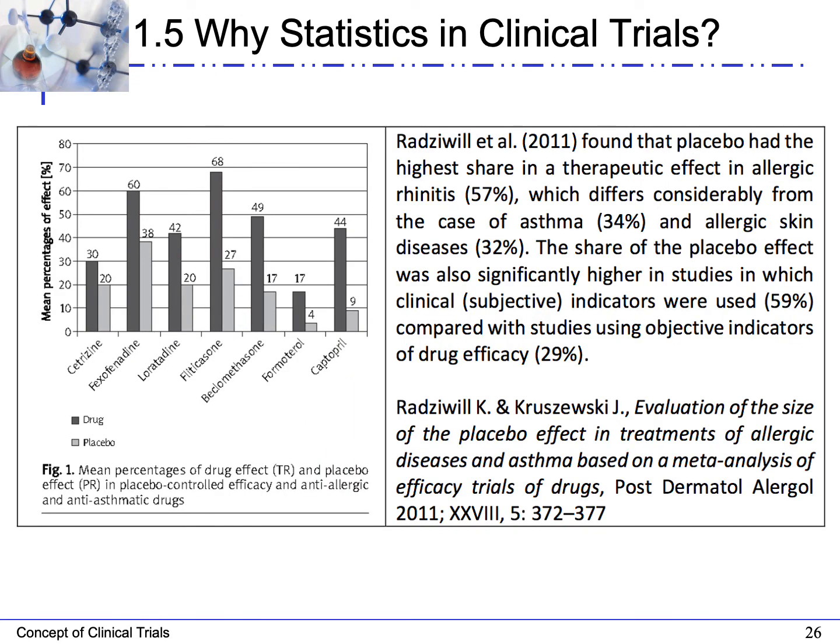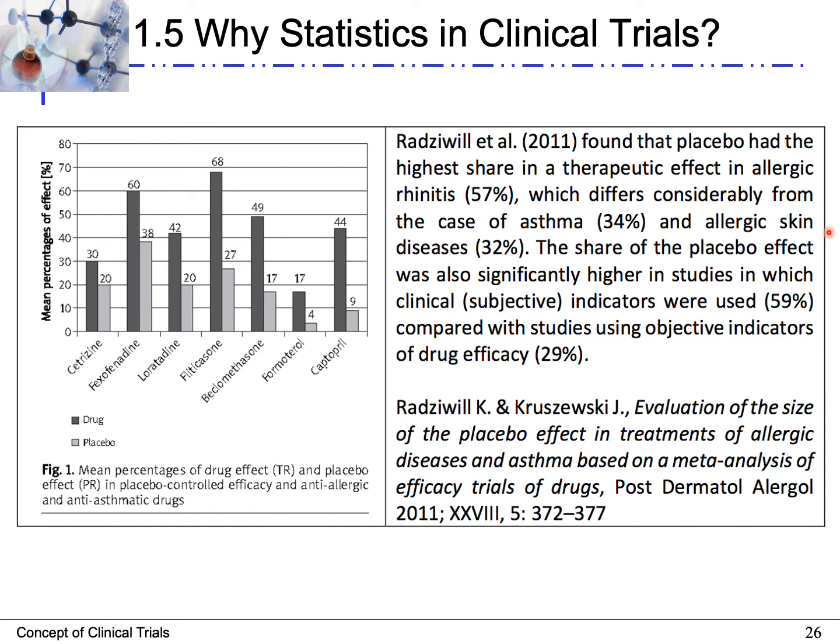Related to this, there is an interesting publication in 2011 that looked at the placebo effect, and where the placebo effect was the highest. The authors notably observed that the placebo effect was the highest in allergic rhinitis, similar to the example I shared before, as well as in asthma, but less in allergic skin.